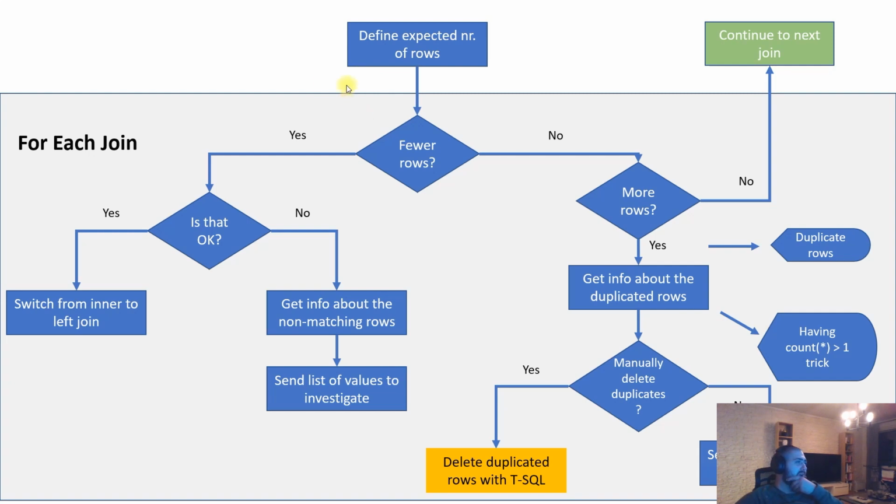And so first of all, I have this step-by-step approach to break a large problem into smaller problems, and then I go through join by join. The absolute first step that I always do is define the expected number of rows that I will get. So in this table, for example the sales table, I always start by using the count function to see how many rows we have here.